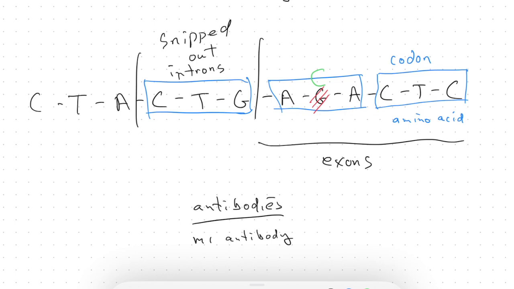It's also possible that by generating this antibody and giving it to a person, if the problem is a gain of function, in other words, the defective protein molecule is doing something that it's not supposed to do, attaching this antibody to it will cause it to not do that anymore.